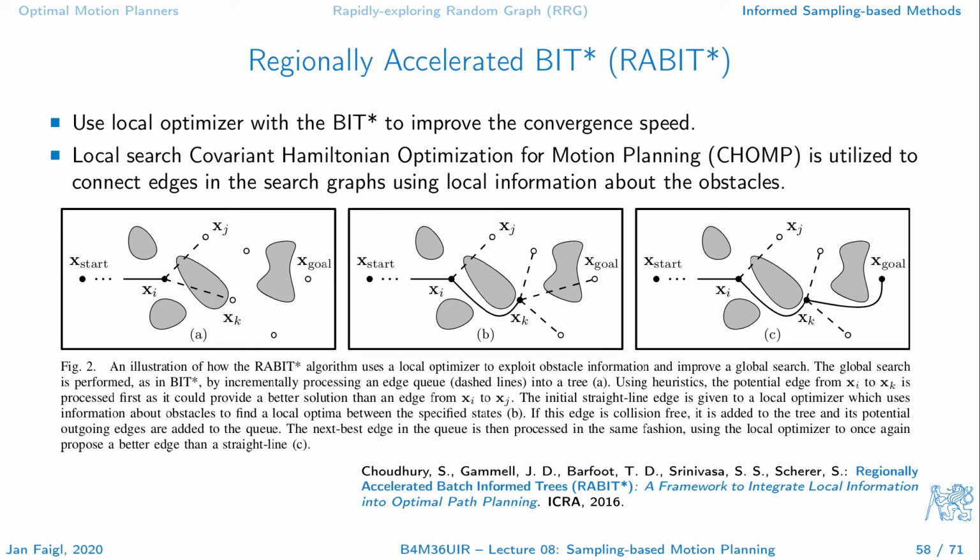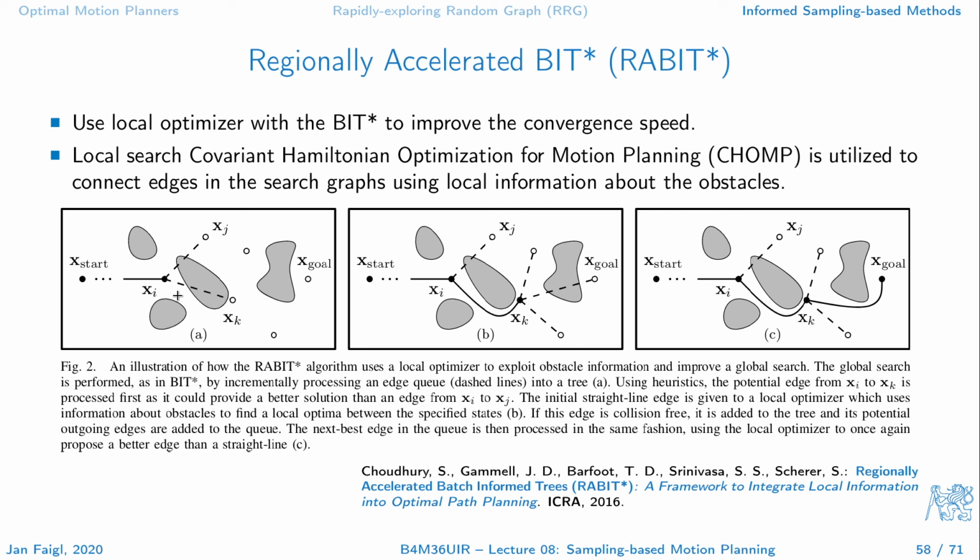And add some samples. And in the regionally accelerated BIT star, we consider local motion. So the idea is that if we have two configurations, we will use this straight line segment to ask whether it is collision free. So we will check, okay, this is a collision, this is not a suitable expansion.